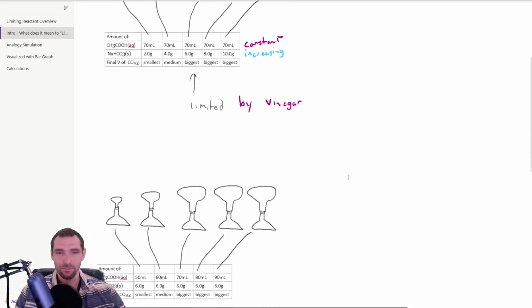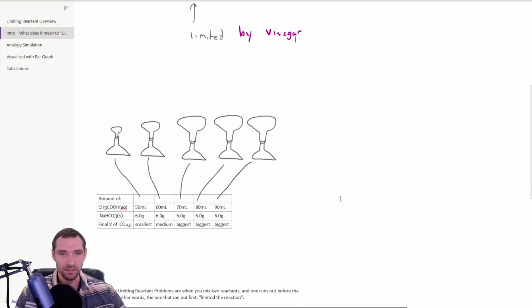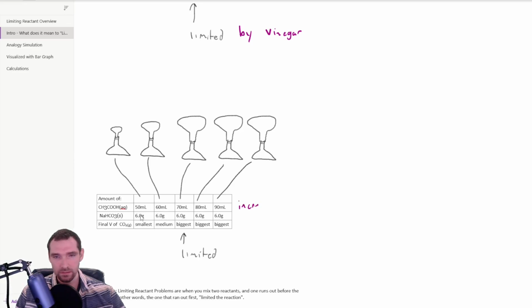So we can also set up the same sort of lab, but tweak it slightly. So now we've got the same amount of solid and we have different amounts of liquid. And so you can see in this situation, we're going to be limited again right here. And that was because we had this, which was now increasing, and the other one, which was constant across our different experiments.